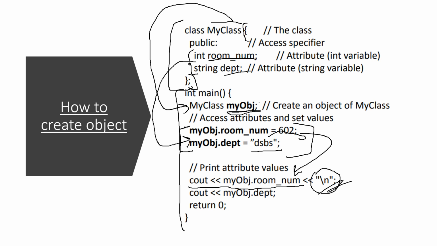Then we print out cout my object department also, and then return 0 because we want a return value. So you can see that because public is there, it will give you both the values.